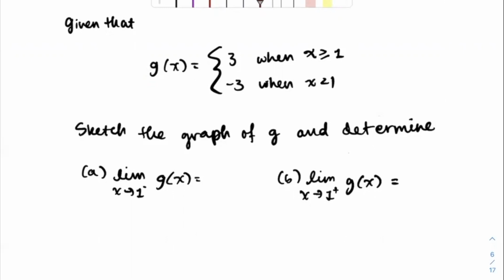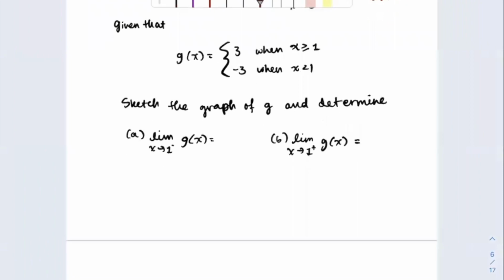Okay, so let's start by graphing this function. So I drew a graph ahead of time, so this is a little bit easier. So we can just label the graph real quick. I need a little bit more space there.